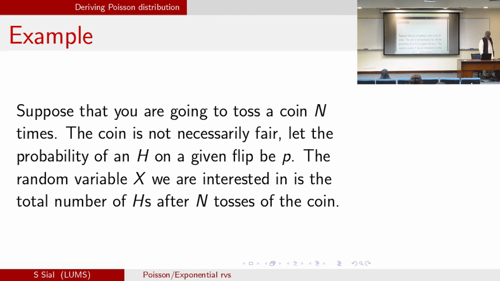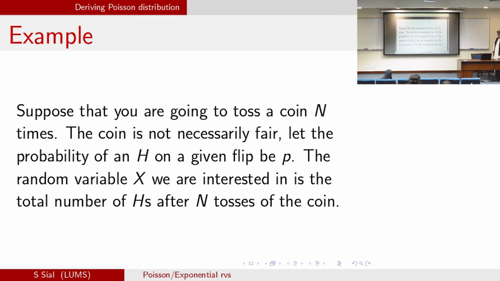Let's start with a binomial problem. So you're going to toss a coin n times. The coin is not necessarily fair, so you're going to assign a probability small p to getting an H. We're going to toss it n times, and let the random variable X be the total number of H's after n tosses of the coin.